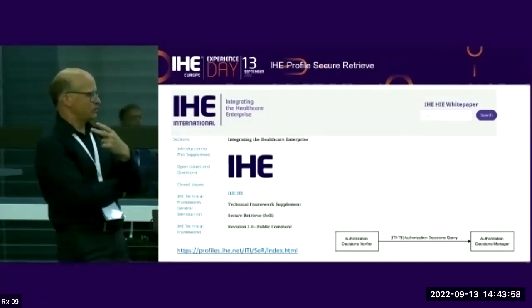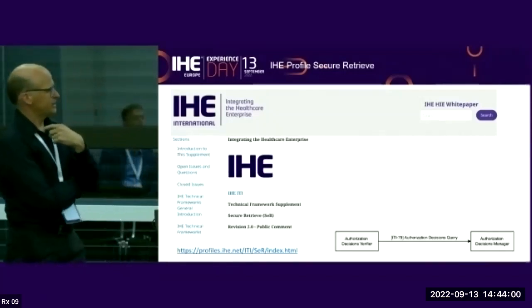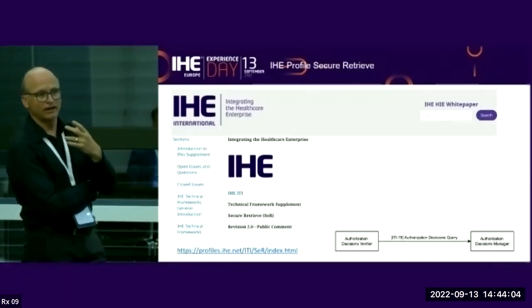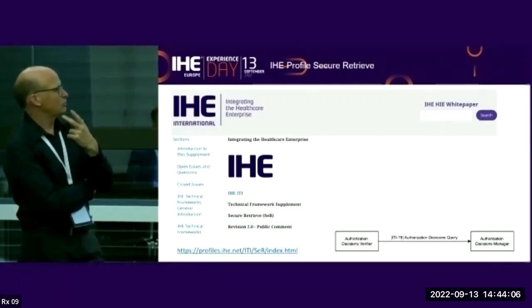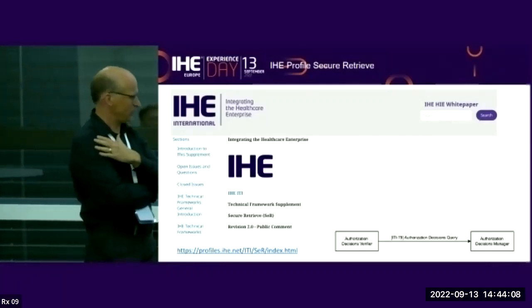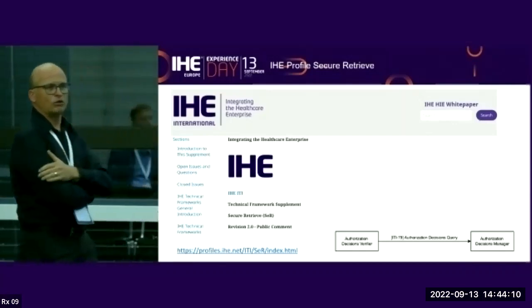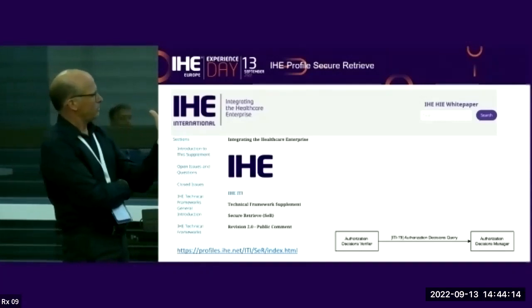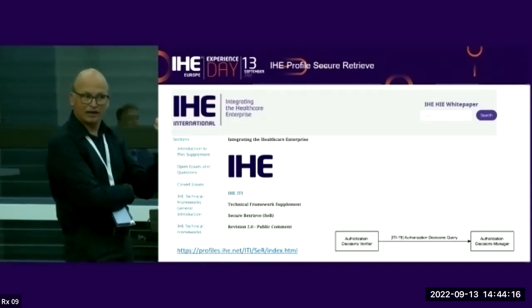Secure means you have some authorization behind it, so you need to be authorized to download that document. This profile is now out for public comment, and you can bring in feedback. So this is how profile development works.